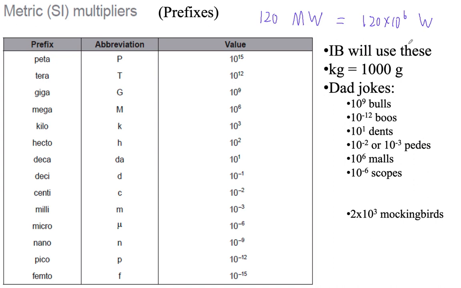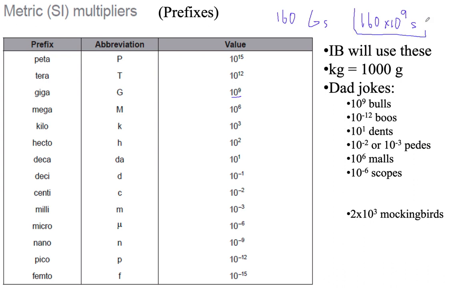And you're familiar with this, like with computer stuff. We could have 160 gigaseconds. That'd be 160 times 10 to the 9th, since giga is 10 to the 9th.